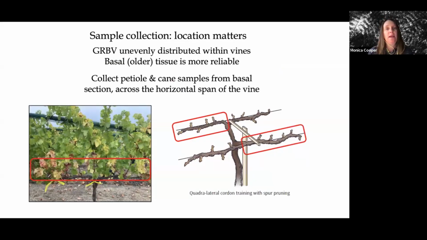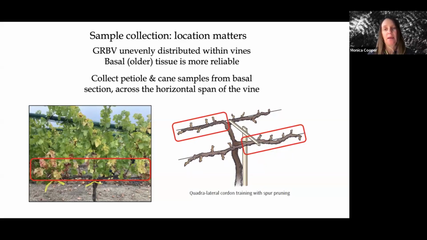And what we found over time is that location matters when you're collecting these samples. So red blotch virus is unevenly distributed within grapevines. And what we've seen in our studies and in other studies conducted in Oregon is that the basal tissue, or the older tissue, is more reliable.